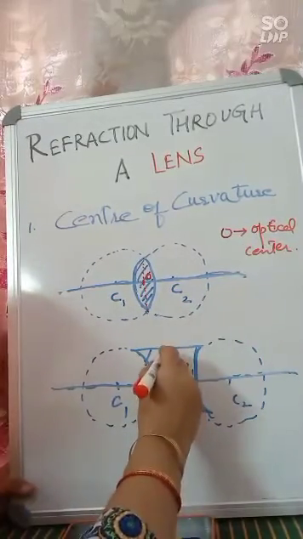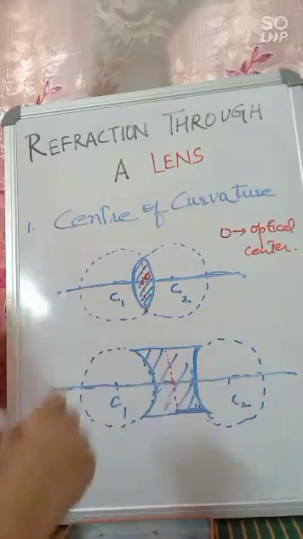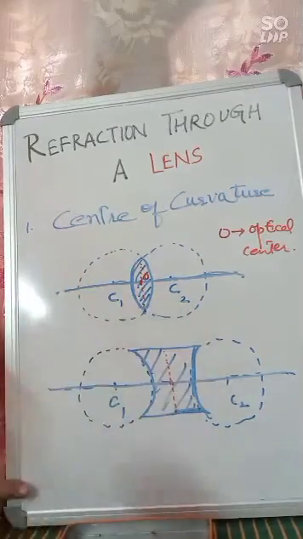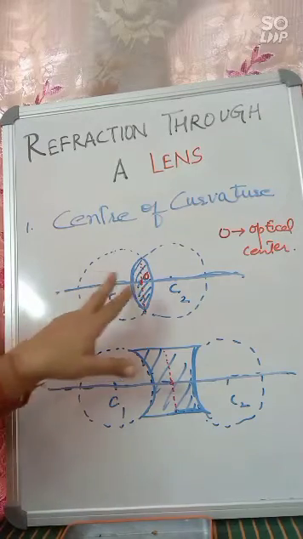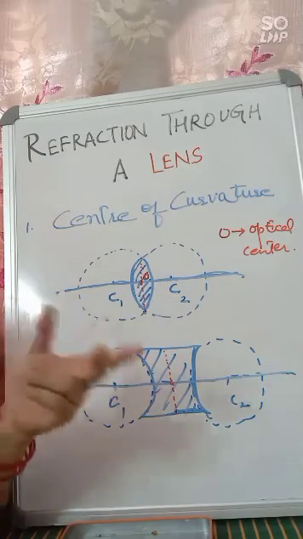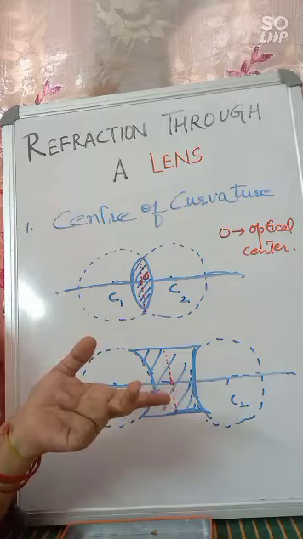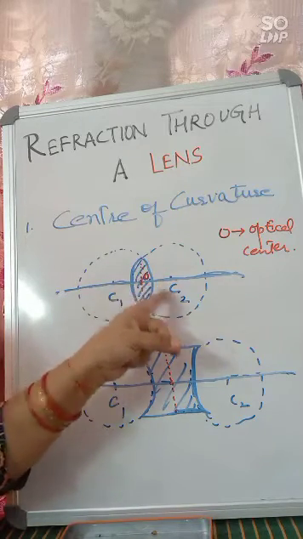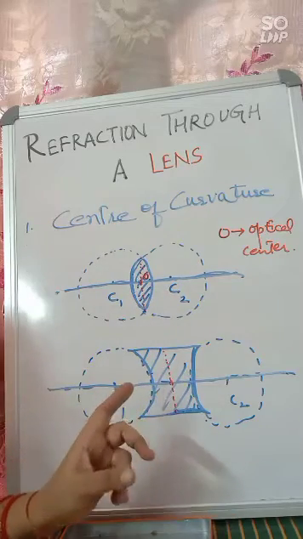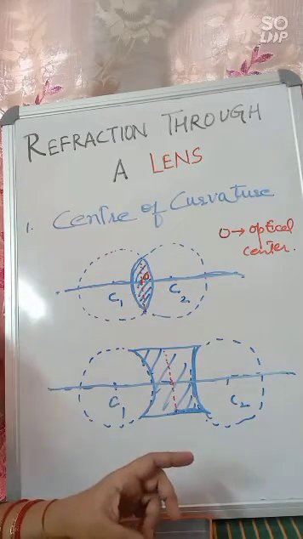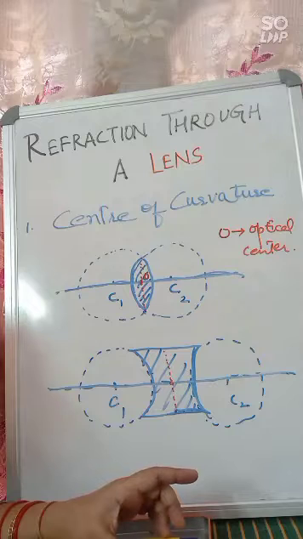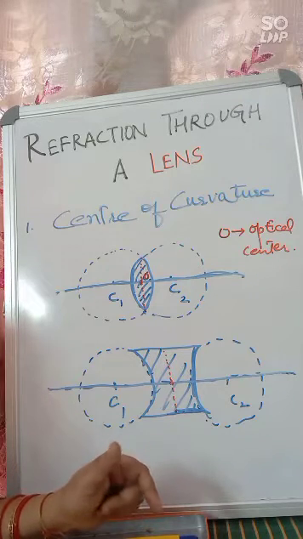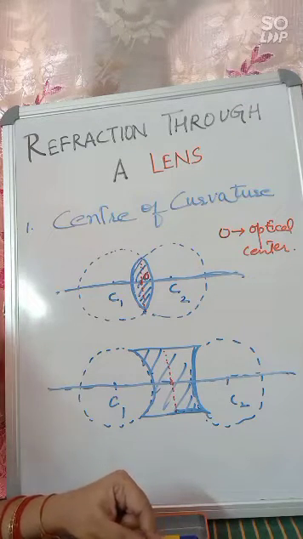Actually, two surfaces are there. When we talk about lenses and ray diagrams, two surfaces are there, so refraction should occur at two surfaces, first from rarer to denser and then from denser to rarer. But for convenience, we have three rules to draw the ray diagrams.